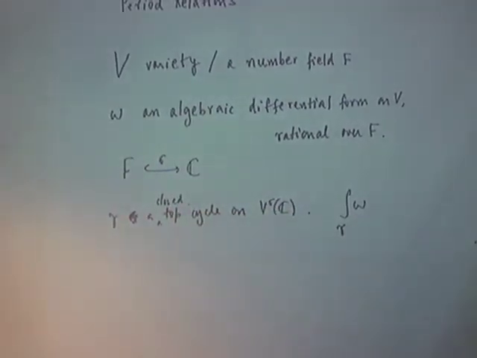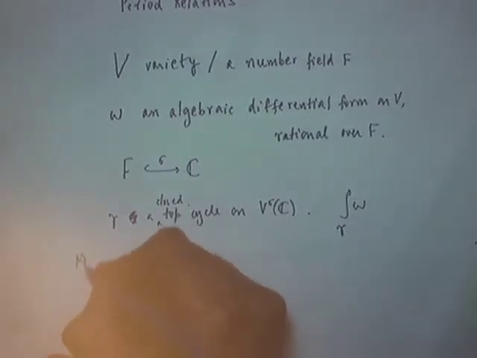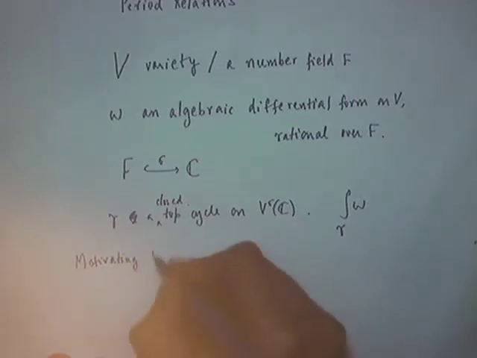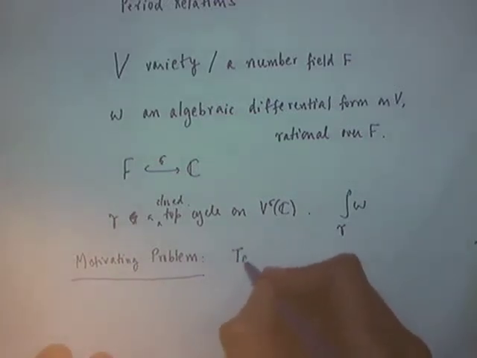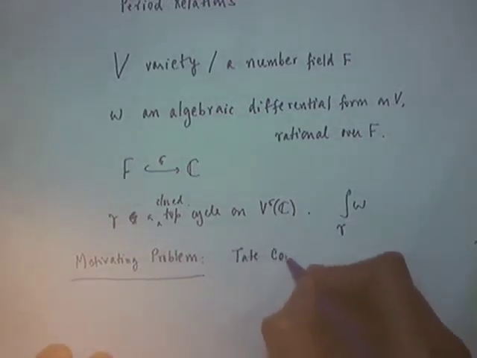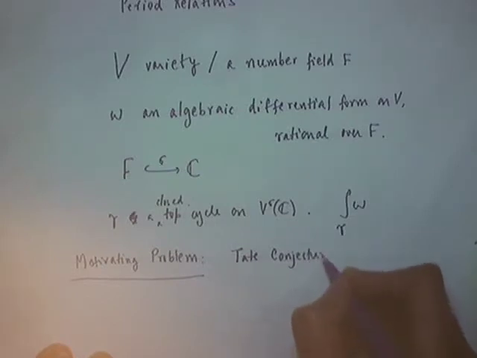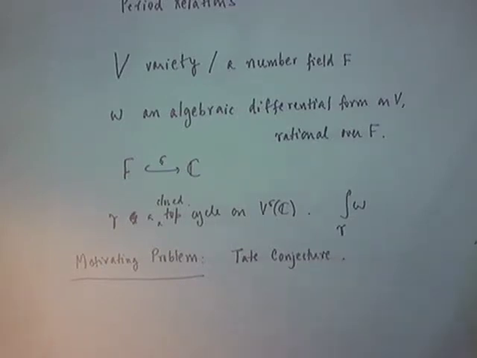Now, the motivating question or the motivating problem is the following. It comes from the Tate conjecture, which was mentioned in the previous talk. I'm going to talk about just one consequence of the Tate conjecture.